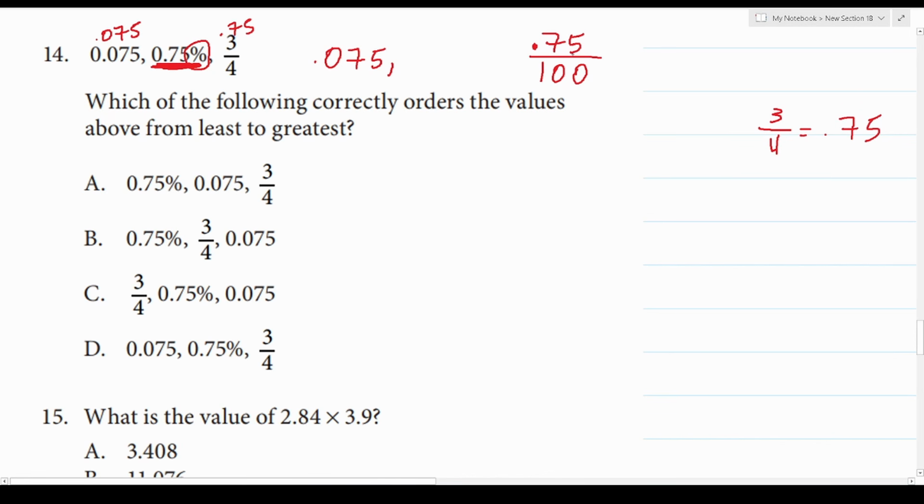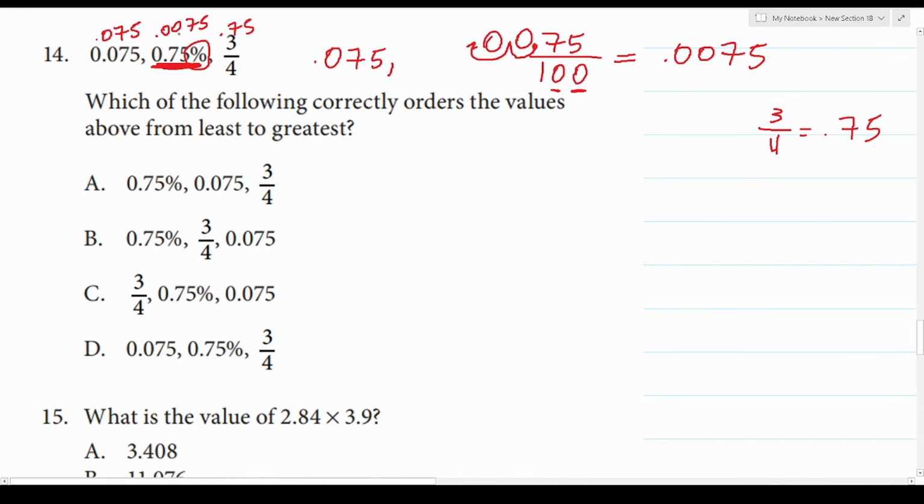Because we're dividing a decimal by a power of 10, we're going to shift its decimal to the left according to how many zeros there are in the power of 10. In 100, there are 2 zeros, so we're going to take this decimal in 0.75 and shift it 2 times to the left, adding in 0 placeholders. So 0.75 over 100 is the same as 0.0075.